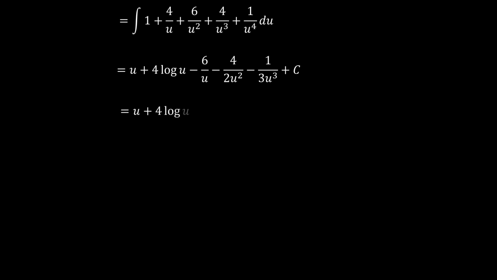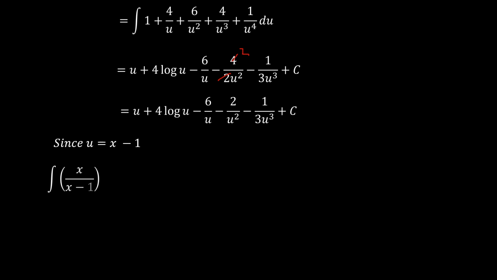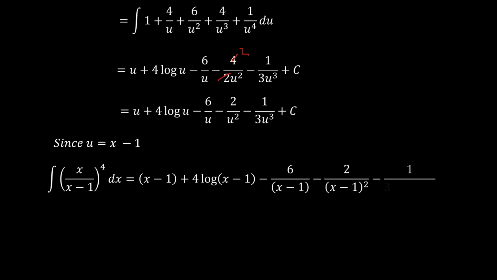Now, we can simplify the numerators, and since u equals x minus 1, we substitute x minus 1 wherever we see u, and this is what we get, plus obviously c, our integration constant.